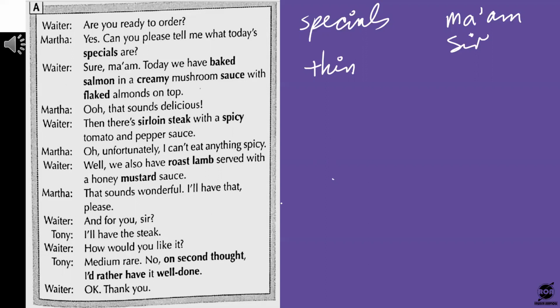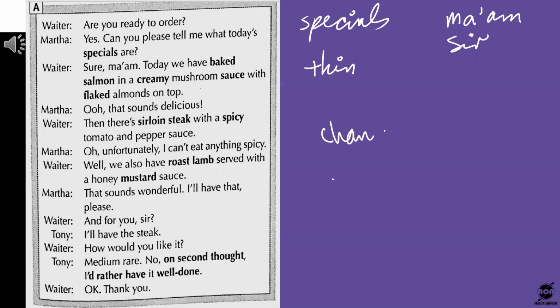And then Marta decides to take that. Later, Tony prefers to have the steak. When the waiter asks how would you like it, he talks about the cooking level of a steak, which is medium rare. In a moment, we will see a picture of that too. And then he decides a different thing. So he says, on second thought, meaning he changes his mind, okay?